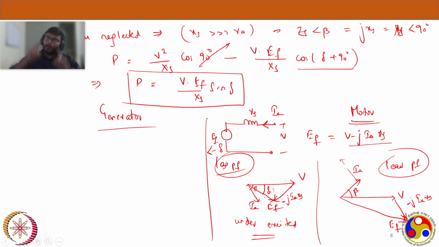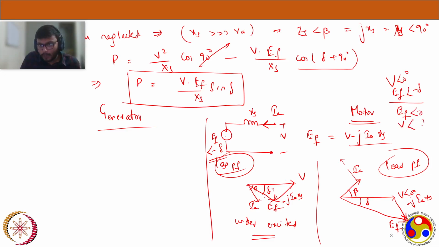Now in both the lag and lead cases, you can observe that your EF will always be below V, right? It is always minus delta. If V is the reference, then EF will be at an angle of minus delta. If your EF is at 0, then V should be at an angle of delta. It's just representational, whatever you are taking as a reference.